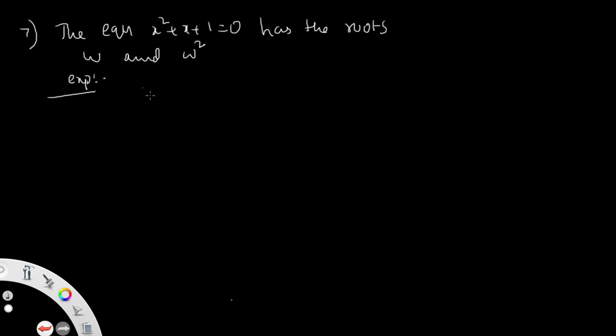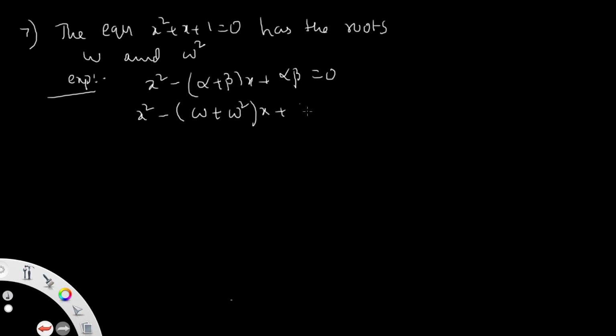The general formula: if the roots are given, the quadratic equation is x square minus (alpha plus beta) x plus alpha beta equal to 0. We know the roots. Now substitute alpha equal to omega, beta equal to omega square: x square minus (omega plus omega square) x plus omega into omega square equal to 0.